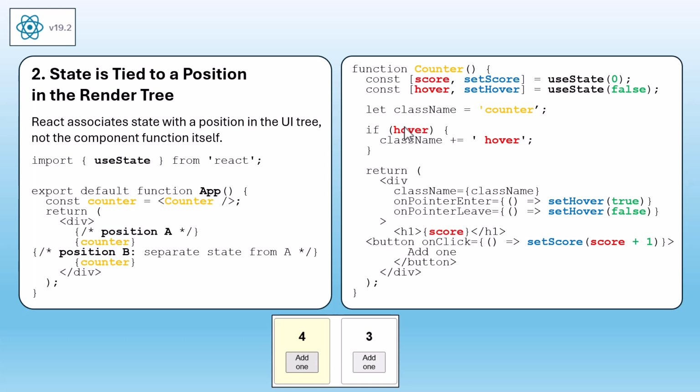If two components appear in different positions in that tree, React treats them as separate instances, even if they are created from the same component function. This is why, when you have two counters rendered side by side, each one has its own independent state. They don't affect one another because React treats them as distinct, isolated entities.